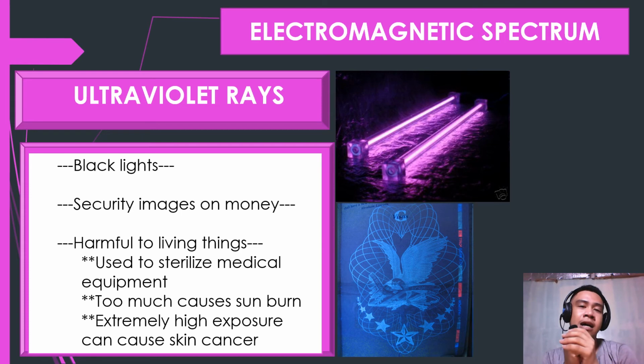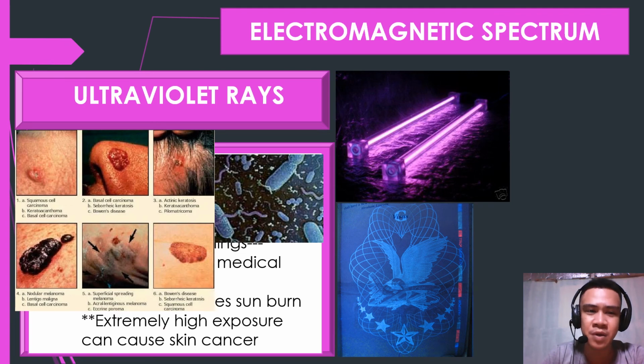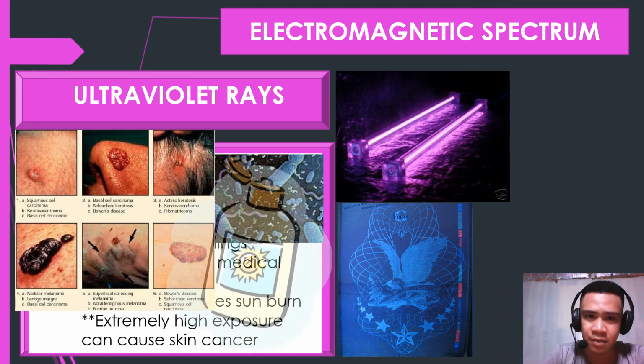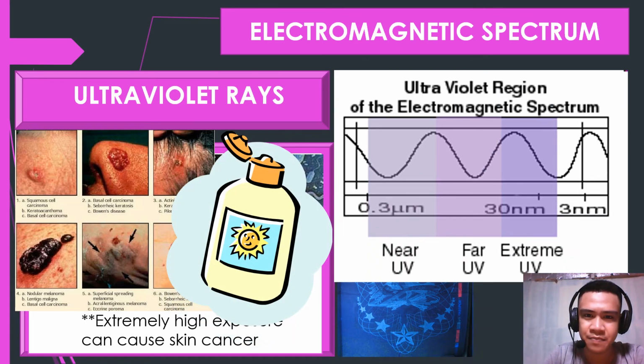Despite being harmful, there are some benefits of ultraviolet rays. One is that it causes our skin to produce vitamin D, which is good for teeth and our bones. Ultraviolet rays can cause skin diseases, but we can use sunblock.